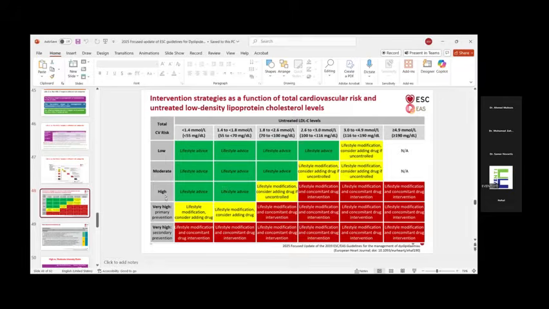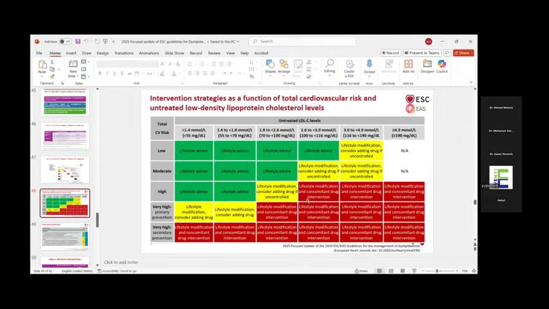In patients with high cardiovascular risk, if the LDL cholesterol level is 100 and up to 116, lifestyle modification and concomitant drug intervention.